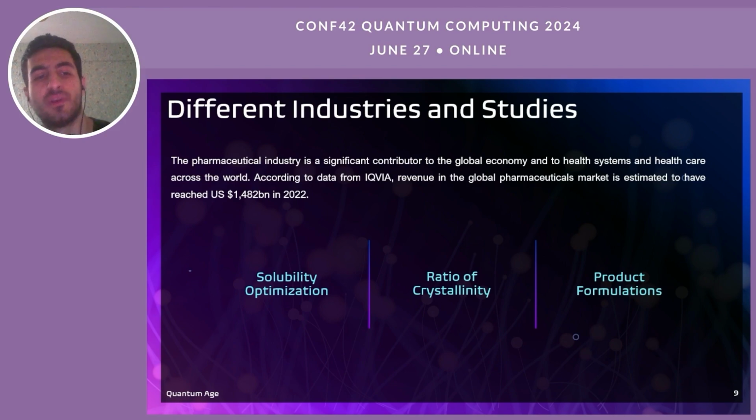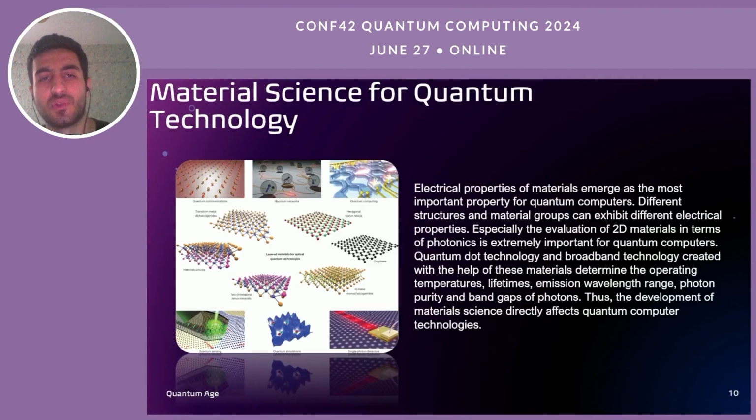And then we need to examine the other side of science, in accordance with material science in the quantum technology, material science for quantum computing technology, and how can we apply the materials in the quantum computing technology. And this is the other side of this technology.